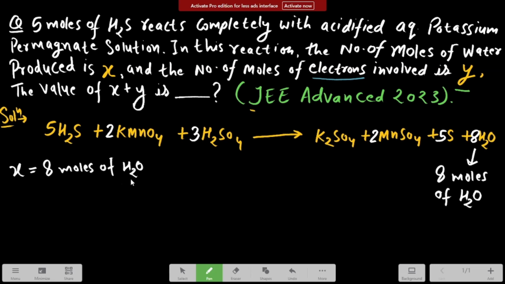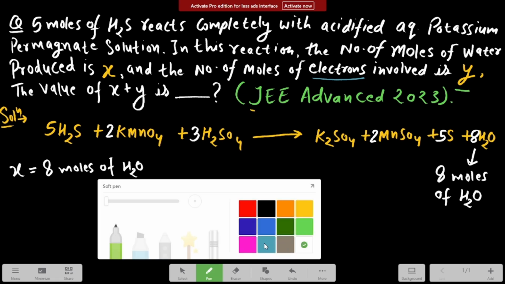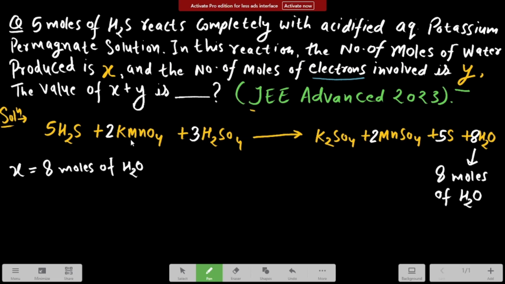For the number of electrons, you need to find the n factor or valency factor. We will calculate the n factor for KMnO4, because KMnO4 is our main reactant here. So let's calculate the oxidation state of manganese here. If you write +1 for potassium, let's consider manganese as X, and for oxygen the oxidation number is -2 and 4 oxygen are here, so I will write -8 equals to 0.